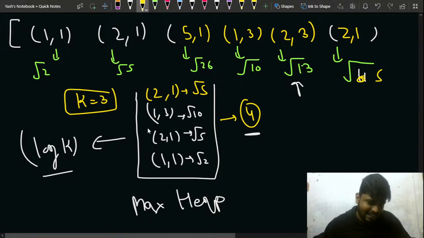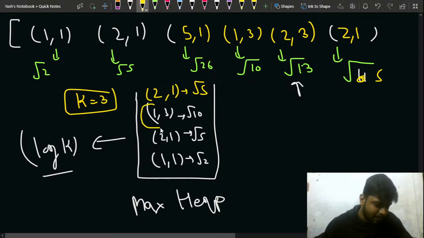I see that again the size is 4, so the size is greater than 3. So I'll simply pop out, but what will I pop out? This will get heapified again and my largest element will get popped out. Since this is a max heap, my largest element will get popped out, that is 1 comma 3, under root of 10.